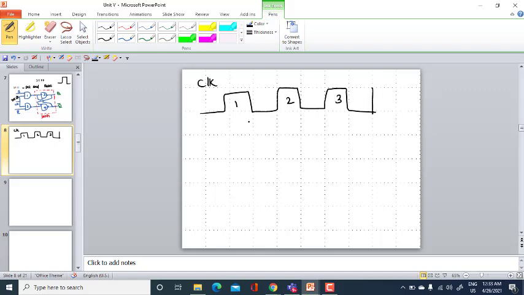Okay. So let it be the first clock pulse, second clock pulse, on and off, and this is the third clock pulse. Here this clock can also be, I can say we have two types of clock for sequential circuit. One is said to be your level triggered clock, and another one is said to be edge triggered clock. Okay.